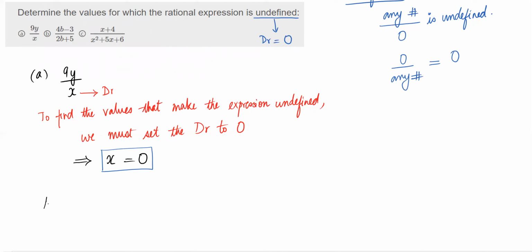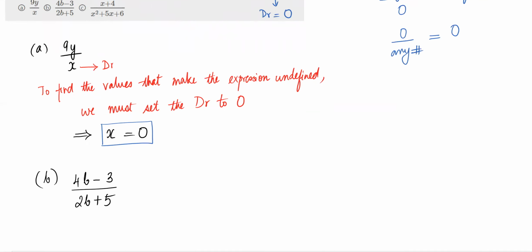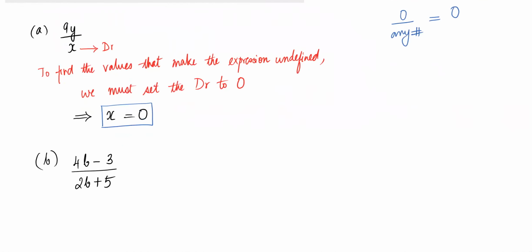Okay. Let's go to B. B has 4b minus 3 over 2b plus 5. Once again, the focus is on the denominator. So we set the denominator to 0, which implies 2b plus 5 is now set to 0.